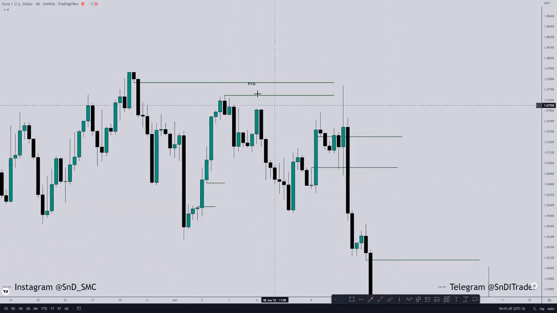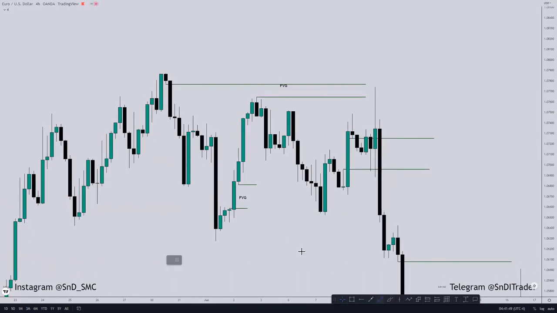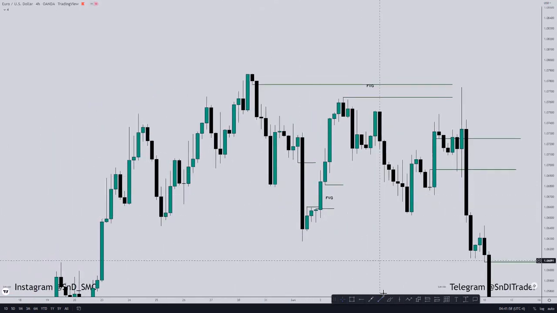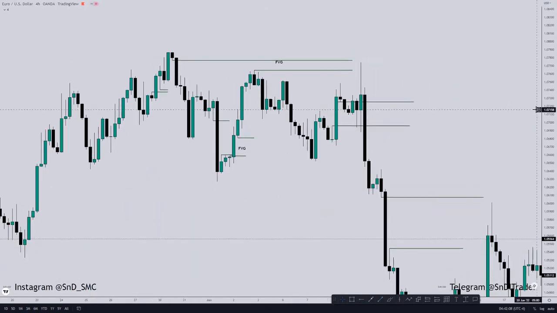And we have another fair value gap here from here to here. And there is also a fair value gap here. So that is how you determine the fair value gap.